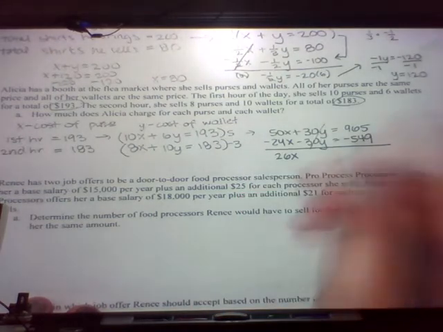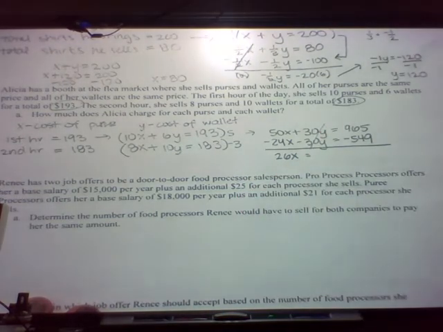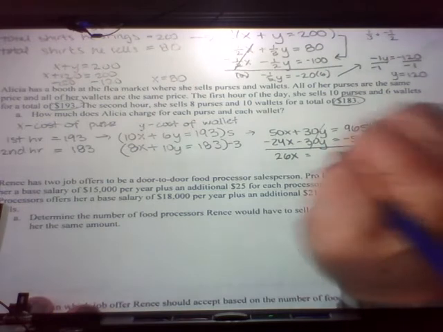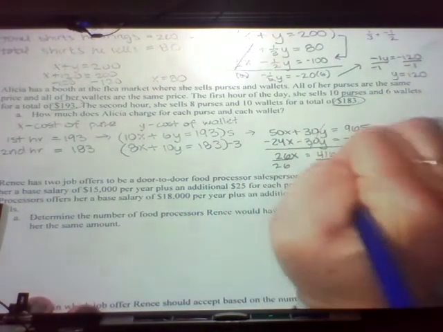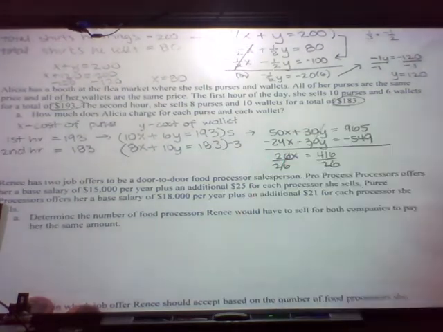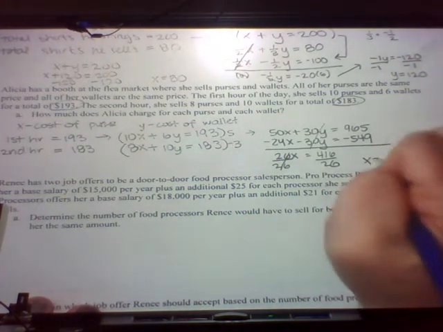Okay, because the 50 is bigger, equals, going to my calculator, 965 plus a -549 is 416, and it's positive, which is good because I'm talking about money, so it should be positive. So I'm going to divide by 26, and x is equal to 16.